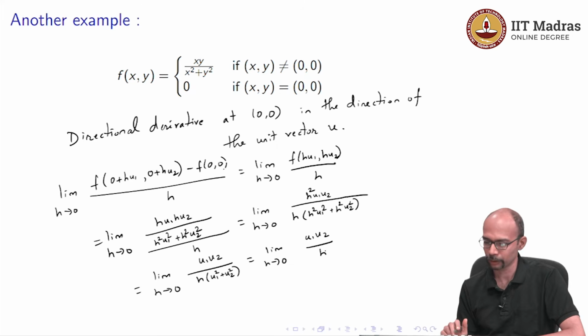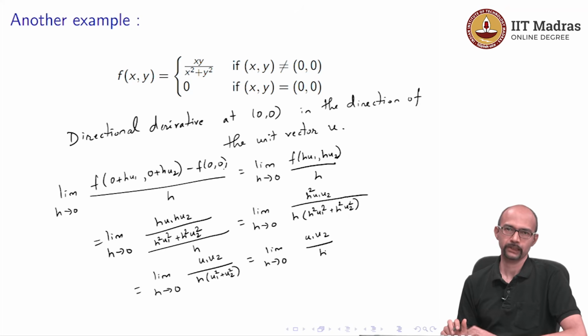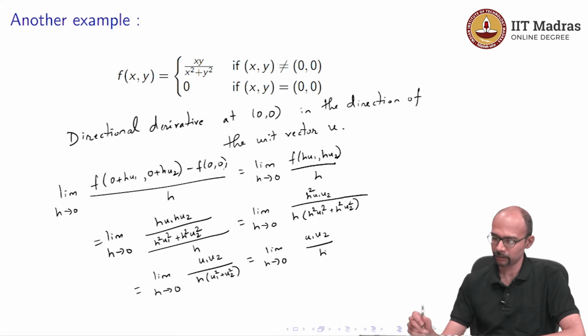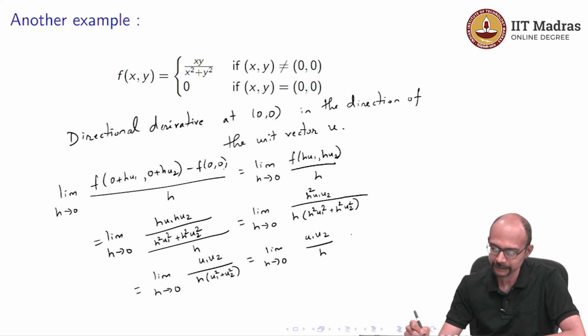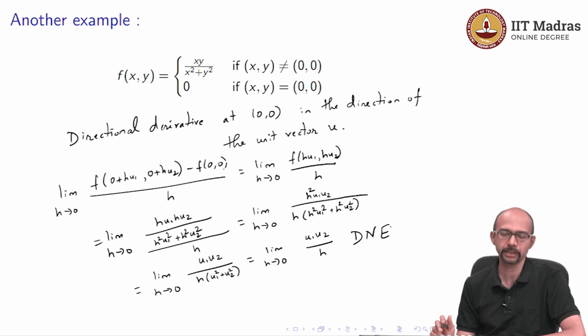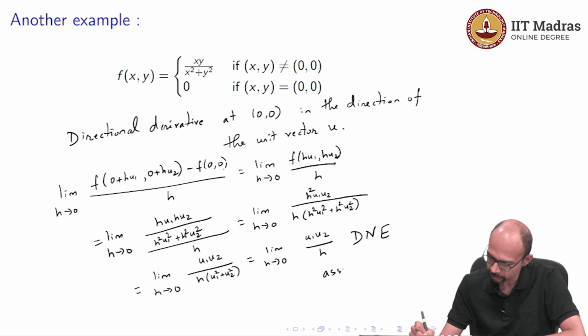Okay. So, this is what you get, and now u1 and u2 are of course fixed, meaning they have nothing to do with h, and in the denominator you have an h, which means that this limit does not exist, right. So, the directional derivative in the direction u does not exist unless of course one of u1 or u2 is 0, assuming both u1 and u2 are not 0.